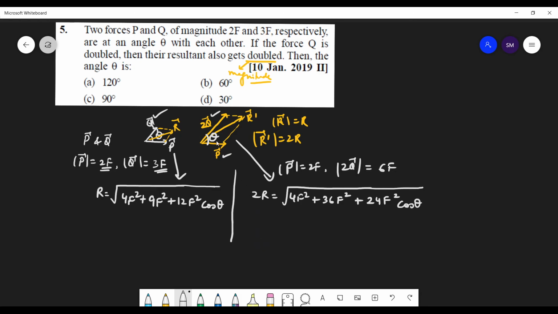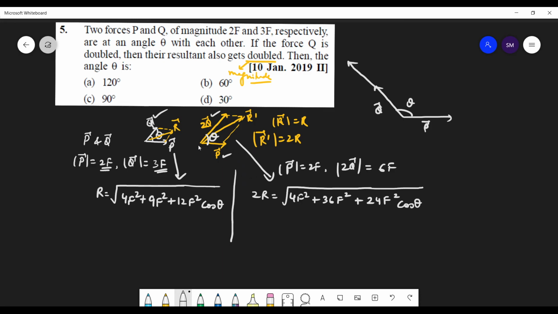So again, this figure is not appropriate. If the angle is 120 degrees, this is Q and this is 2Q, so this is the angle between P and Q. That is why sometimes we don't draw the figure. If we are smart enough and have done enough practice, we draw these figures in our mind.